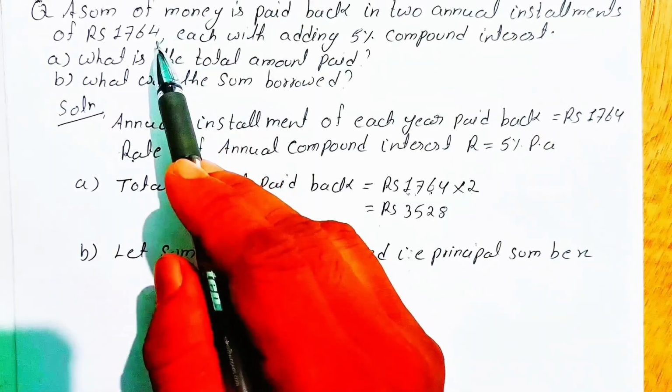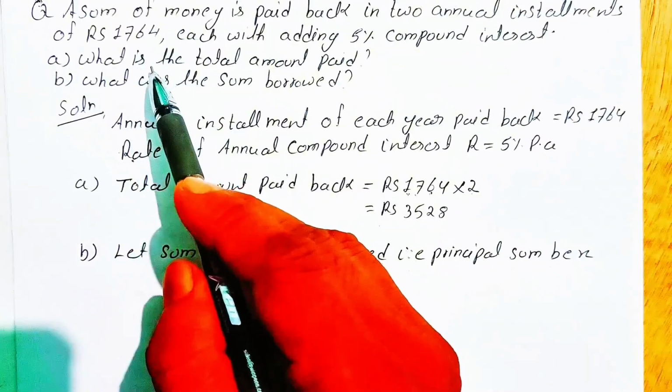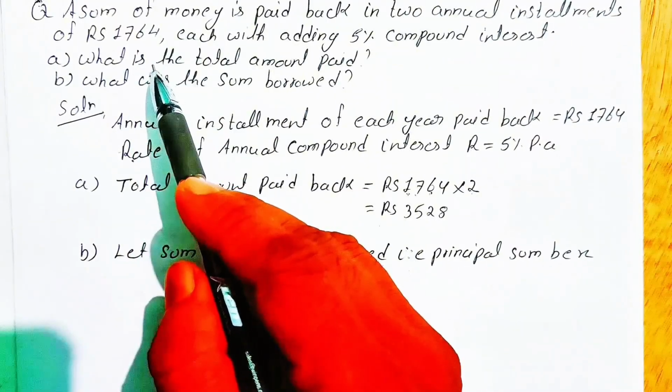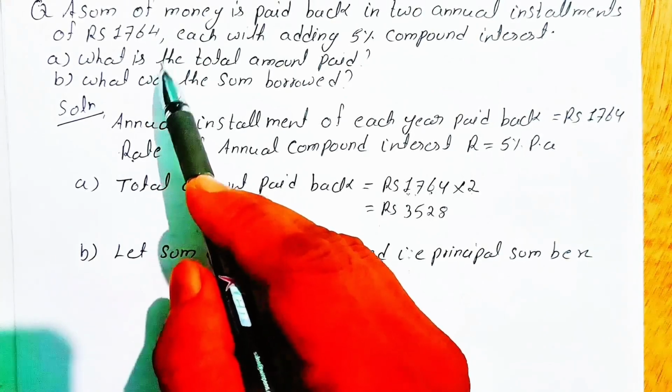So only the remaining part of the amount in the first year has compound interest to be found, and we have to process it like that.